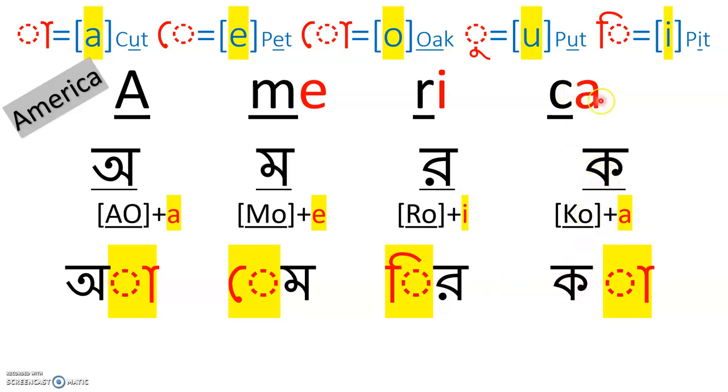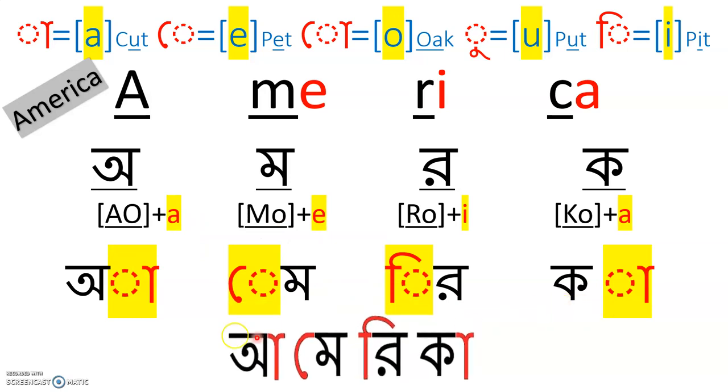Because it's A, the A is the symbol that goes to the right of the letter. That's why I put A on the right and Ka on the left. So it's A, Me, Re, because of the I, it's Re, Ka, because of the A. It's going to sound like Ka, not Kaw. A, Me, Re, Ka.